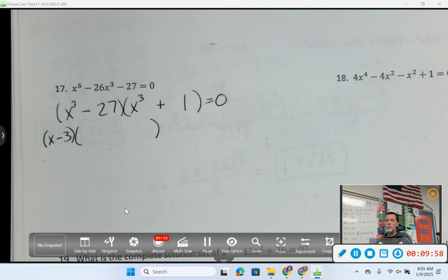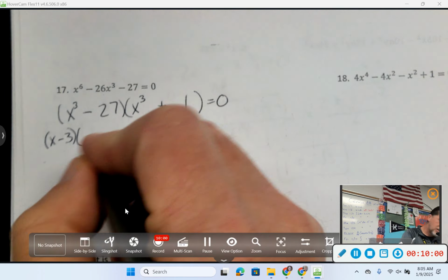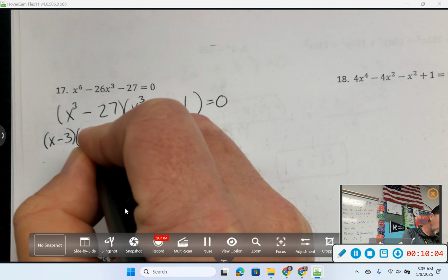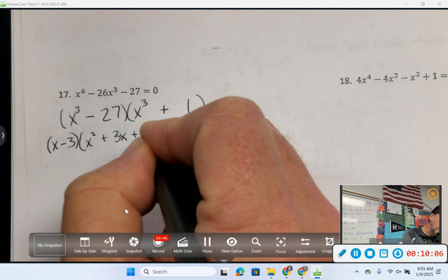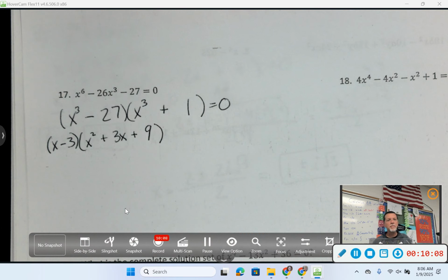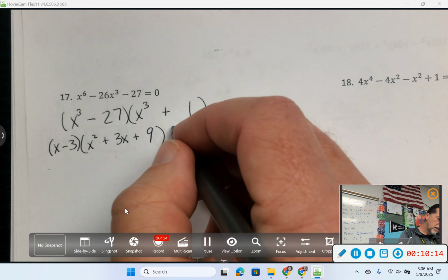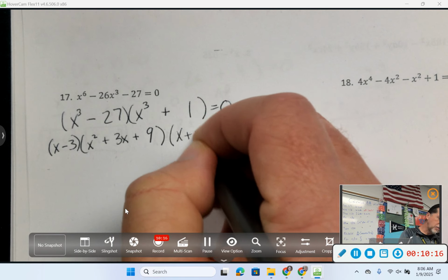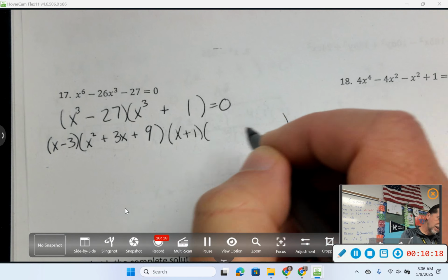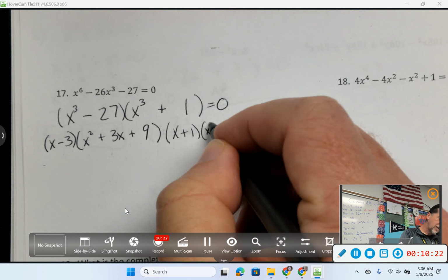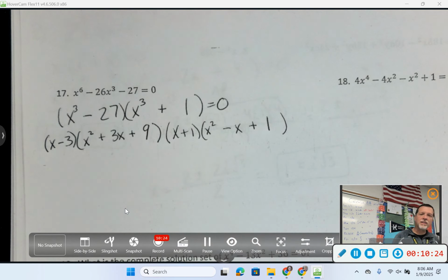Cube root the pieces. Same, opposite, always positive: square the first, multiply the two together, square the second. Then x plus 1, same, opposite, always positive, x squared, x and 1.